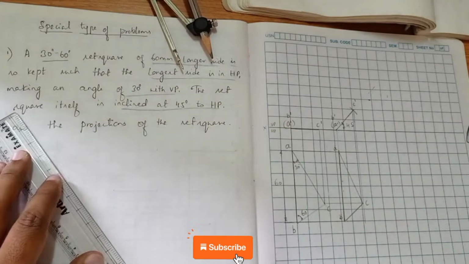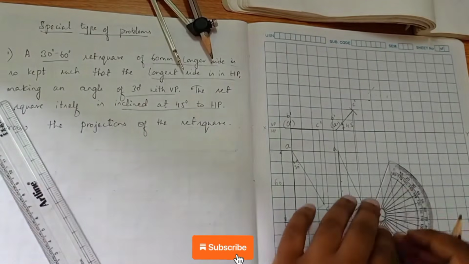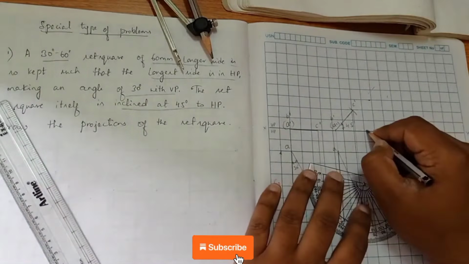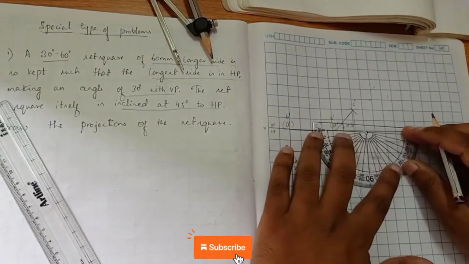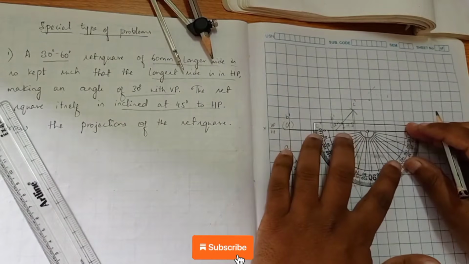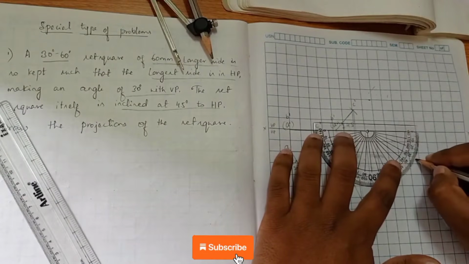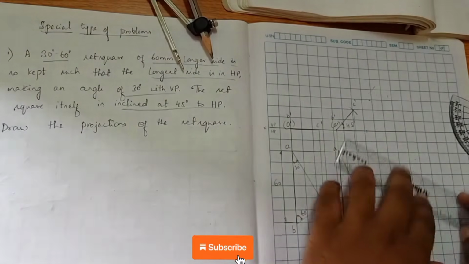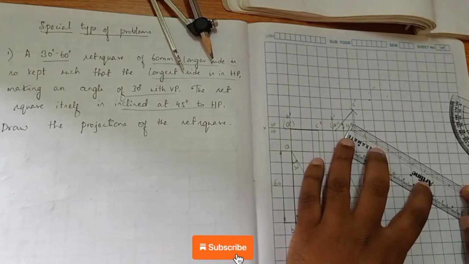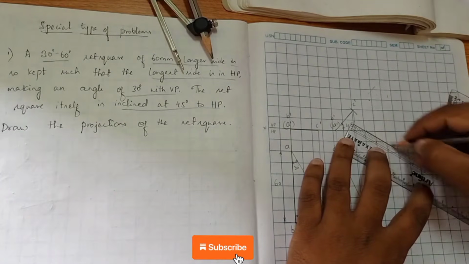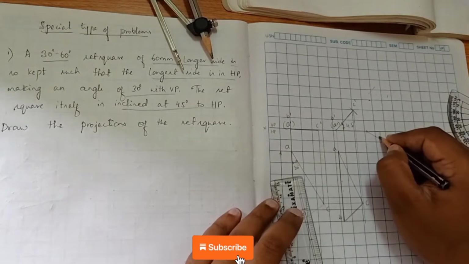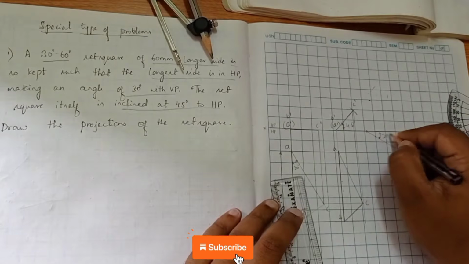Now we have to draw the third position, that is inclination to VP, which is 30 degree. Marking a reference point, mark for 30 degree, draw an angle line. So this is 30 degree.